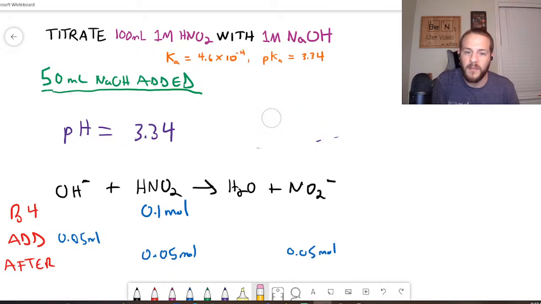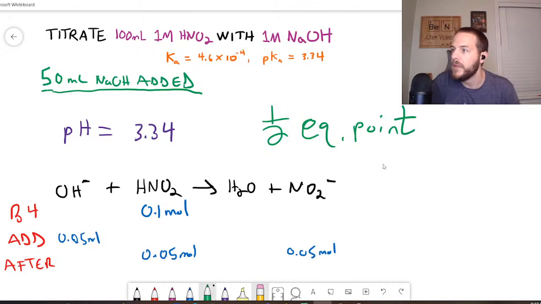So the pH is equal to 3.34, which is the same thing as the pKa of the acid. And this has a name. It's called the half equivalence point. So I'll go ahead and write that in, the half equivalence point. At the half equivalence point, the concentrations of base and acid are the same, and therefore they cancel each other out in that Henderson-Hasselbalch equation, so that logarithm term is 0, and the pH is equal to the pKa.